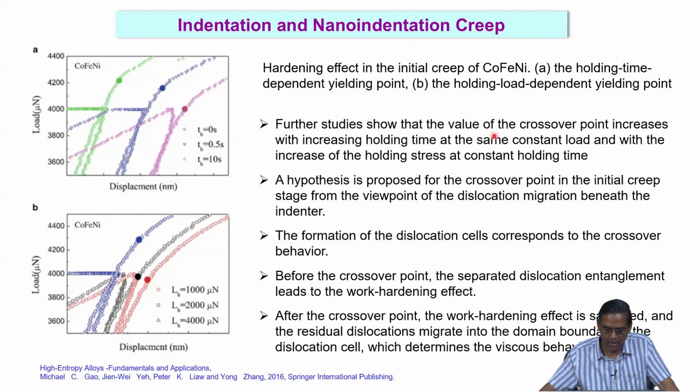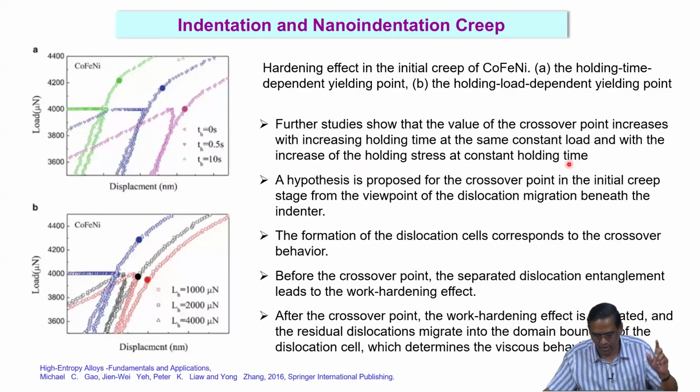So these kinds of indentation studies show that the value of the crossover point increases with increasing holding time at the same constant load, and with increasing loading stress at constant loading time. So you see that there is a clear relationship between the holding time and the holding stress.